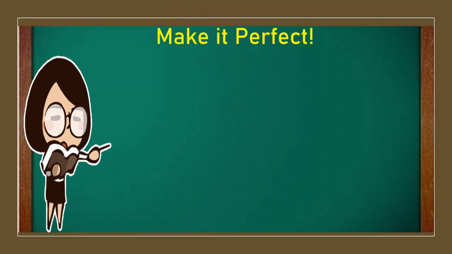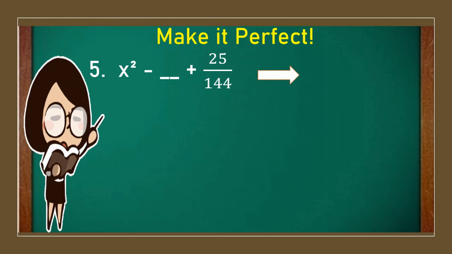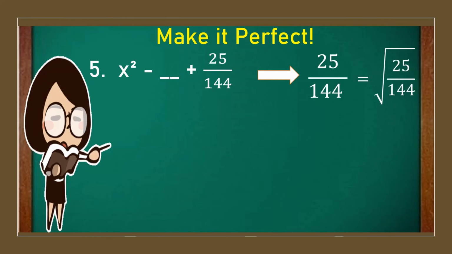Okay, our last example. x squared minus blank plus 25 over 144. And just like I said, to get the middle term, get the last term. And that is 25 over 144. Square root of 25 is 5. Square root of 144 is 12. And then multiply it by 2. So 5 times 2 is 10 over 12.